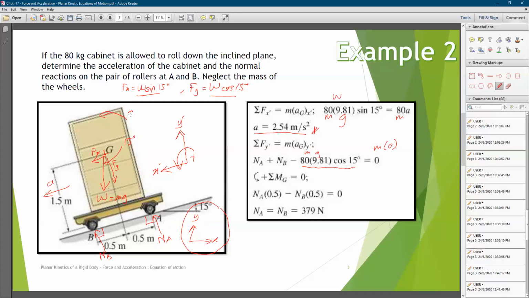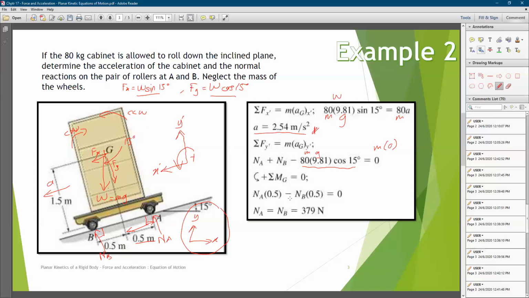It is counterclockwise, so it is positive, and the perpendicular distance is 0.5. It's given here. And then how about B? It's the same, but the force at NB will create a clockwise motion.